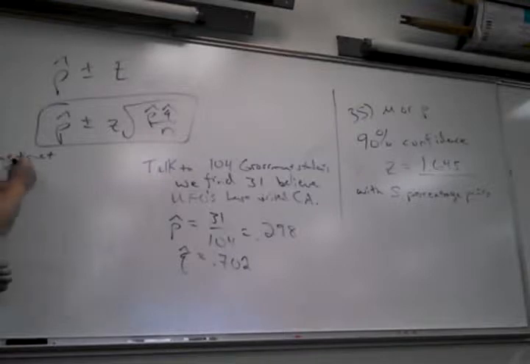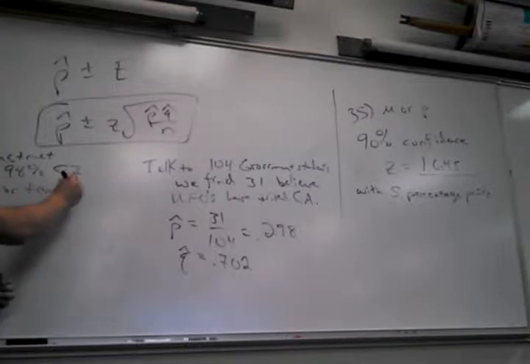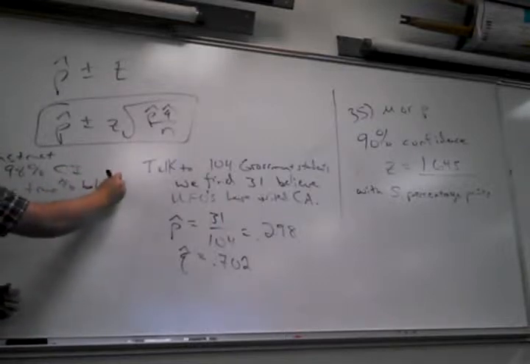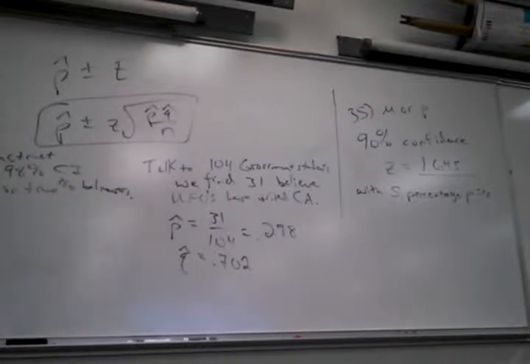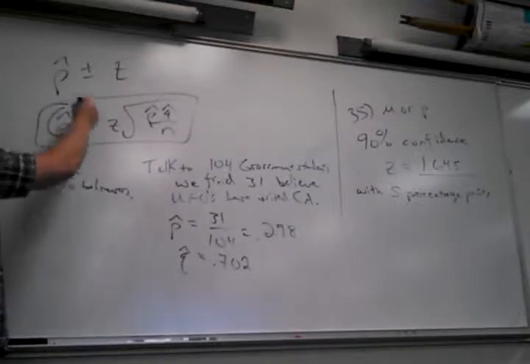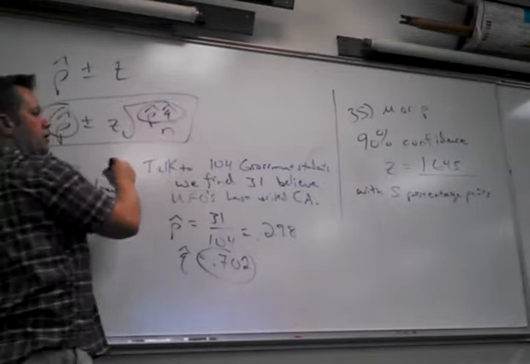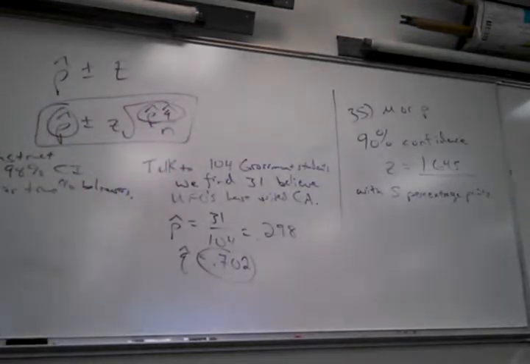Let's say a 98% confidence interval for the true percentage of believers. They always tell us less than it feels like we need, because once they tell us this, we can calculate this. So these problems are always a little shorter than we expect.